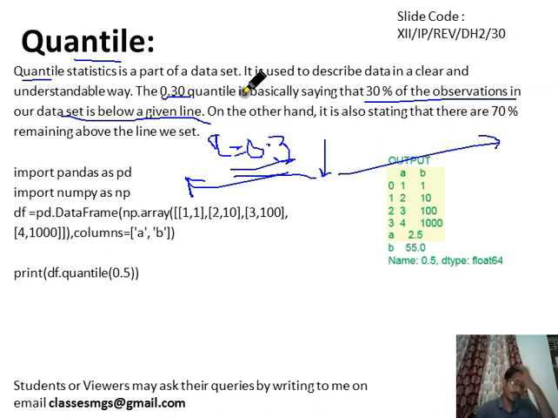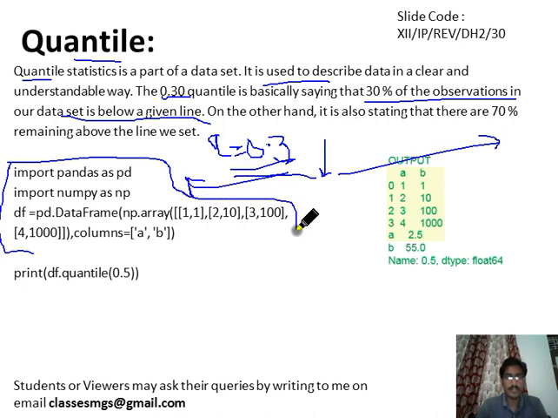Generally no one will ask in the IP subject how to calculate the quantile, but the important thing that will be asked is to write down the Python statement to find the quantile of the given data set. So you need to remember this.